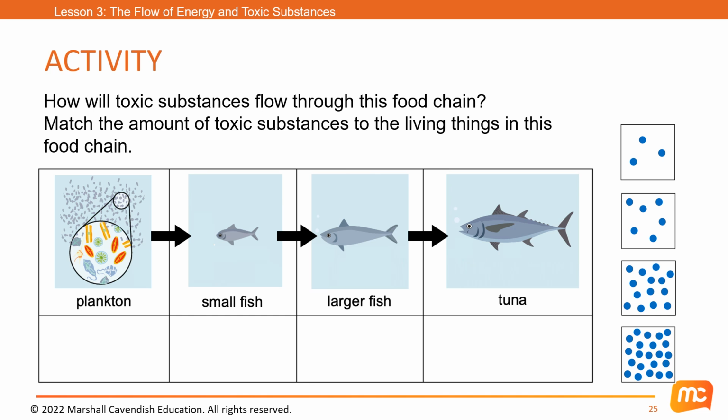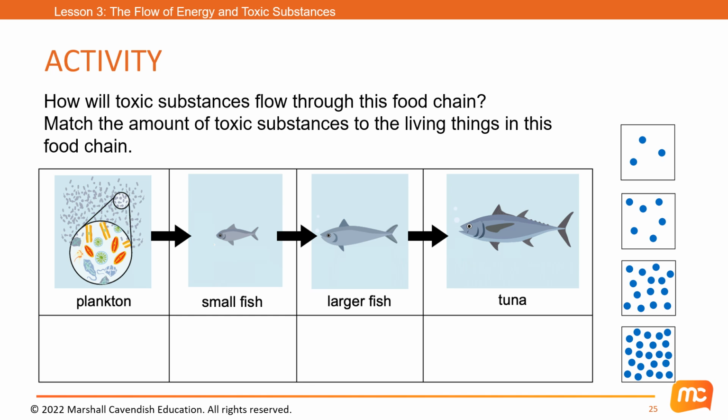Eaten by the larger fish. And then the tuna. So the bigger the living thing, the more toxic substances it will absorb. So the plankton will have the least, and then the next one will be the small fish, and then the larger fish, and then the tuna.